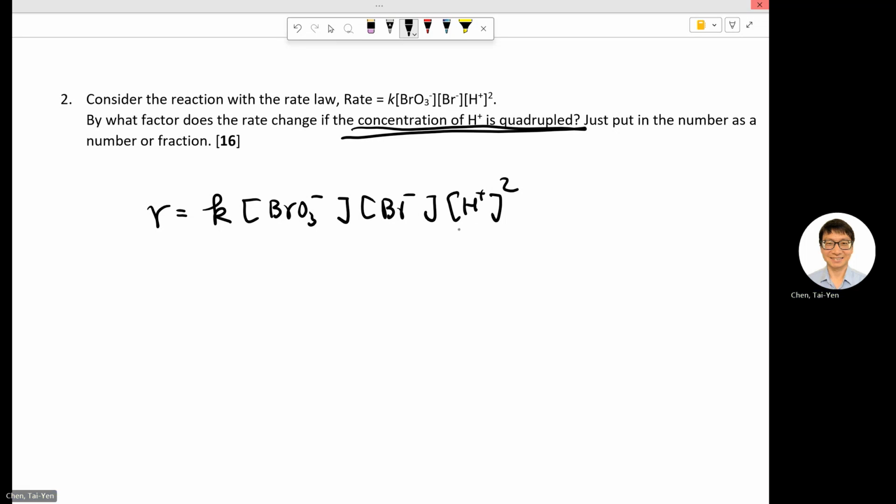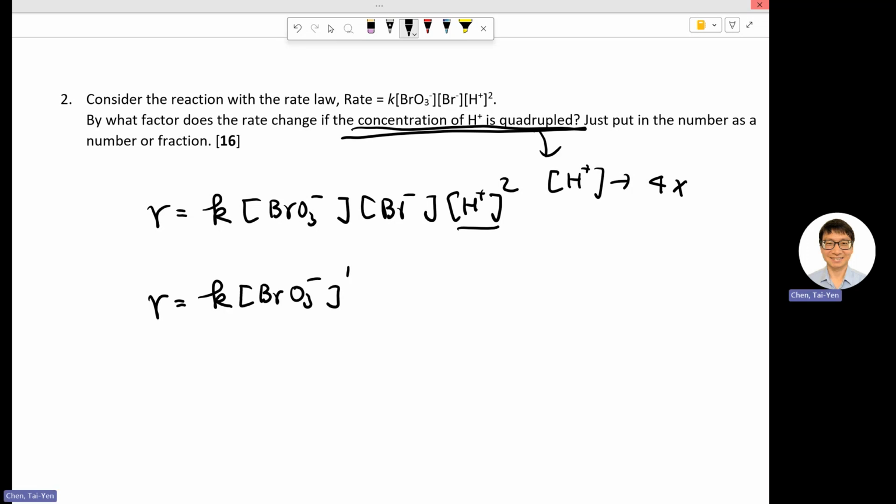So what does this mean? This means the H plus concentration now becomes 4 times, right? So the new rate is going to equal the same rate constant K times BrO3 minus to the first power, Br minus to the first power, and now it's 4 times your H plus, squared. So this is your new rate. I want to differentiate it from the original rate.